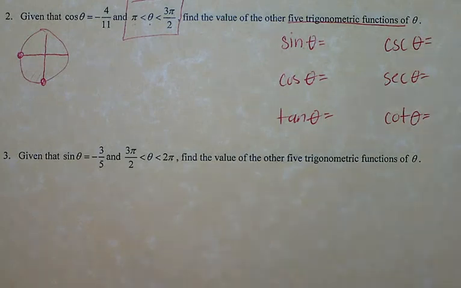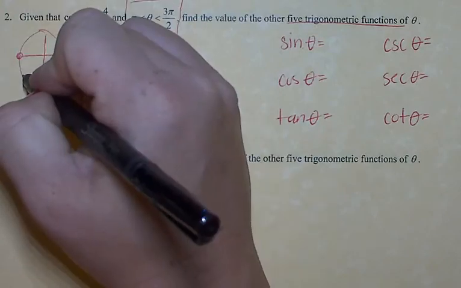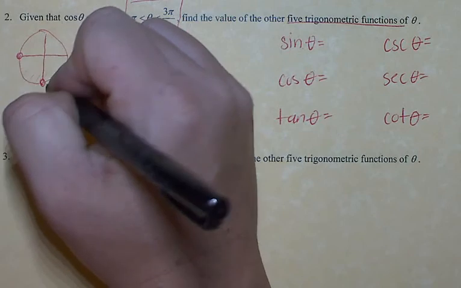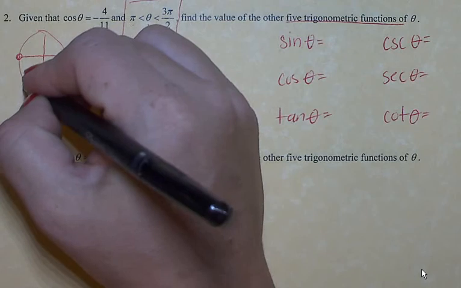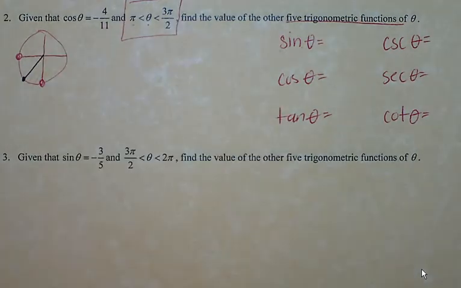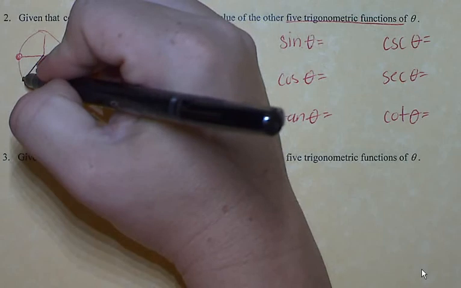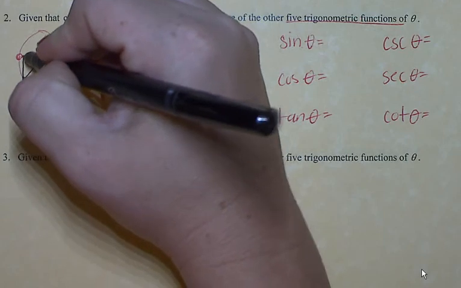Okay. So here's how you start this type of problem. You first identify the parameters. Then I want you to draw a dot somewhere between these two. It makes no difference to me where you draw it. I tend to draw it somewhere in the middle. And you always go directly back to the origin. And always draw a line that will go directly to the x-axis, creating a right triangle.